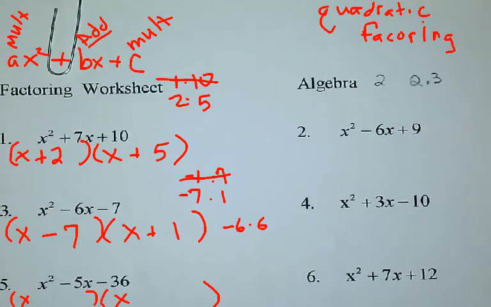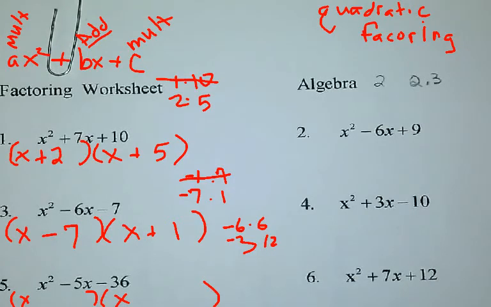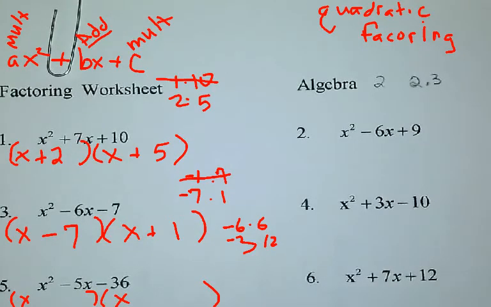Is there another way to get 36? Sure. We could do 3 and negative 12. But when I add those two together, 12 minus 3 is 9. This is not 9. Oh no, that doesn't work.